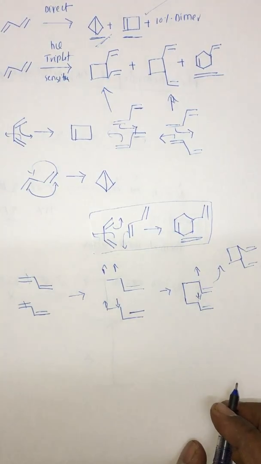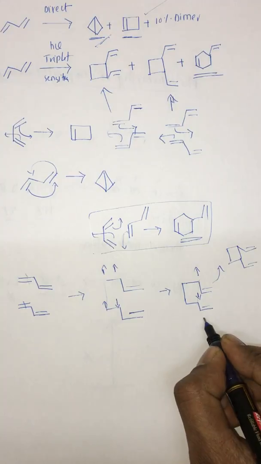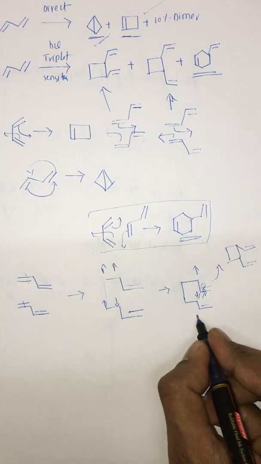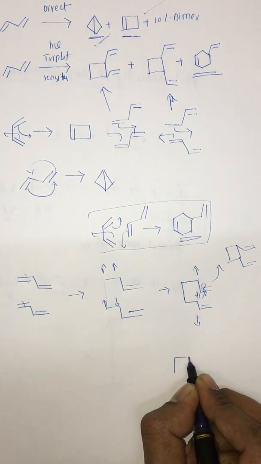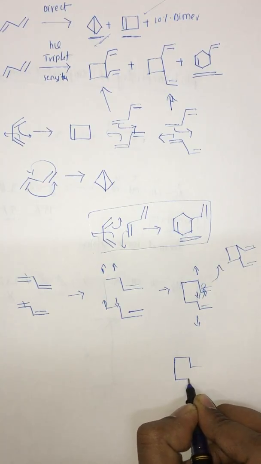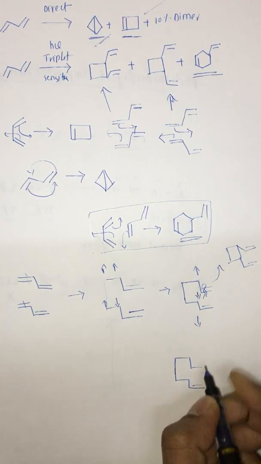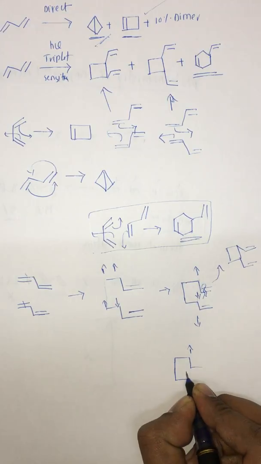After this, now if you take this homolytic cleavage, and here we have a radical.